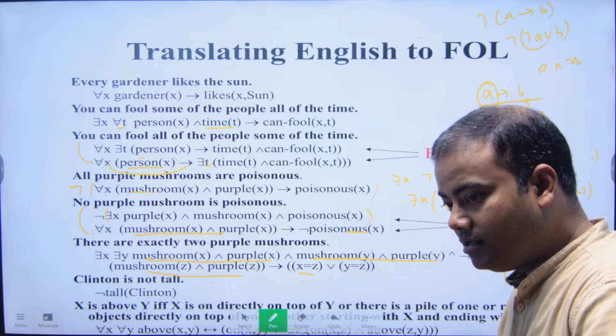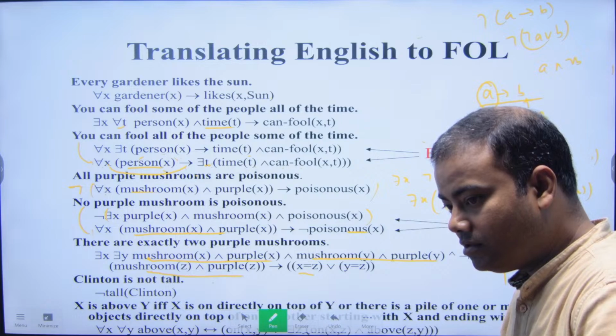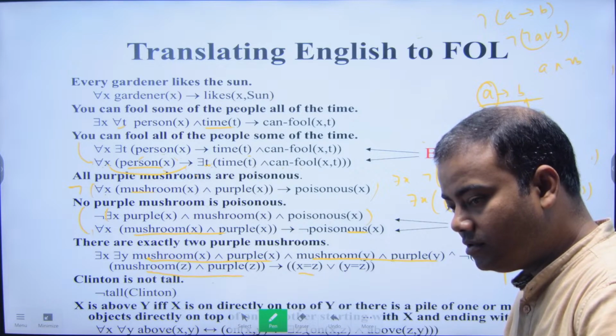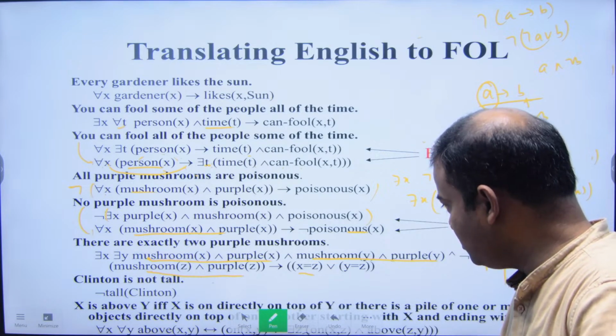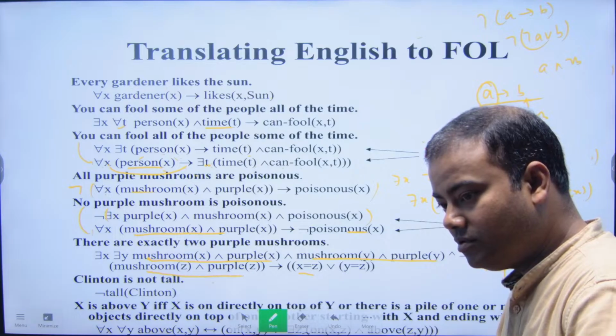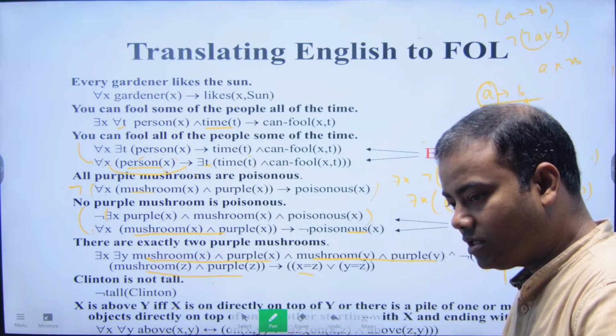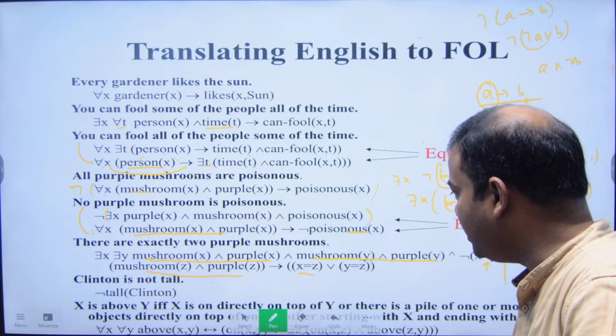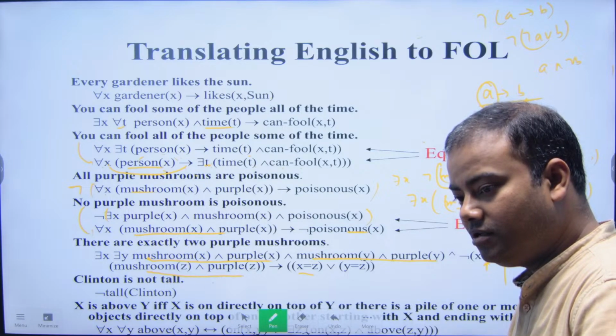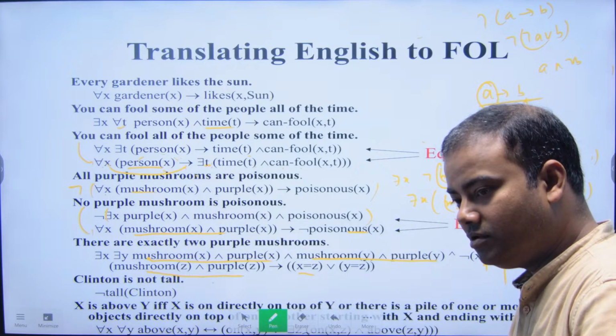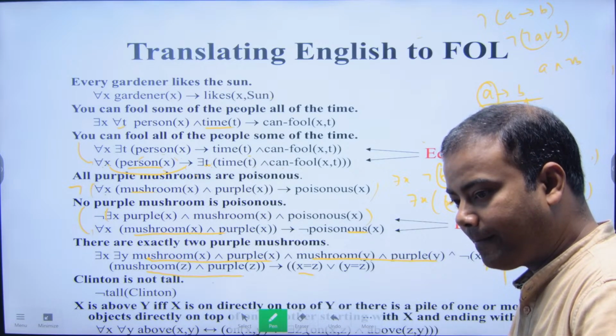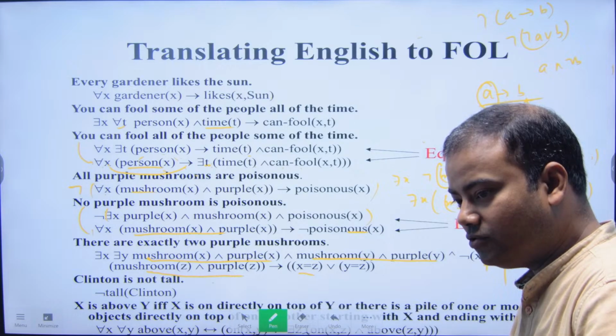Such that x equals z means it is one of the mushrooms out of z. Correct. Yes, you are right. And similarly, y is one of the mushrooms out of z. Okay.